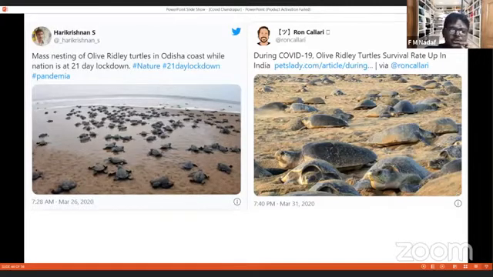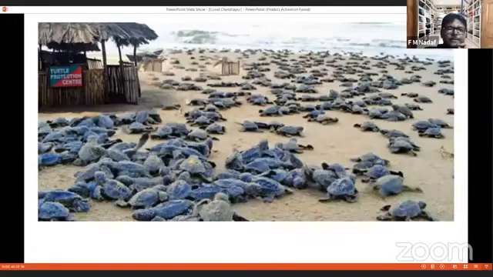This was possible only because of lockdowns, and lockdown was possible only because of COVID-19. So I can say thanks to COVID-19, because animals also have a right to live, like we do. COVID-19 gave them an opportunity to sustain their own life and get rejuvenated.